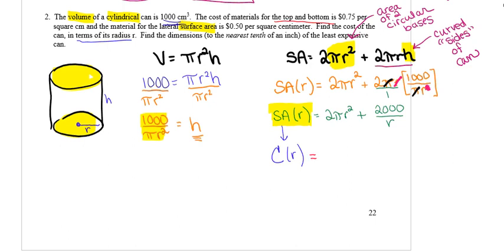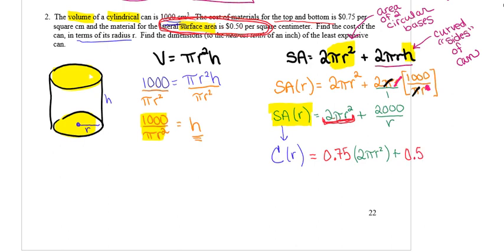So what I'm going to do is take this area that made up my circular bases, the top and bottom, and multiply it by the cost. So I'm going to multiply that 0.75, the amount per square centimeter, times the 2 pi r squared, the number of square centimeters I have in my circles. Then I'm going to take the cost of the material for the sides. Well, the fancy geometric name for that is lateral surface area, and that's 50 cents per square centimeter.